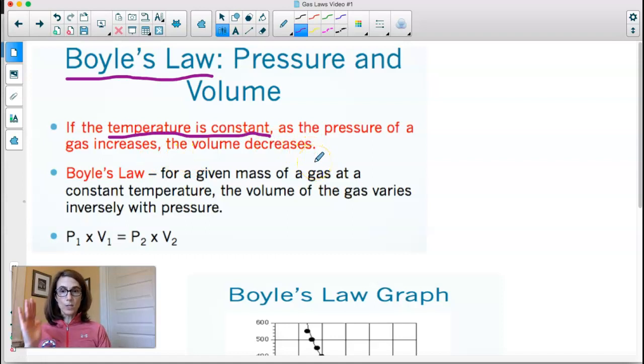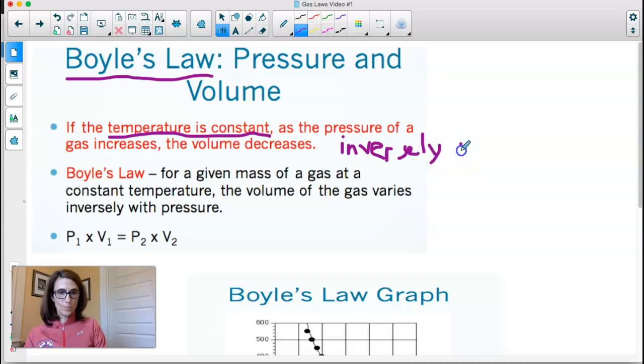So one goes up and the other goes down. And that type of relationship is called inversely proportional.